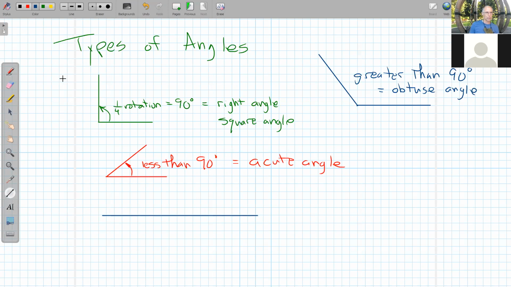Suppose I have 3 points, A in the middle, and B and C on each side. Kind of like I was playing around with just a moment ago.